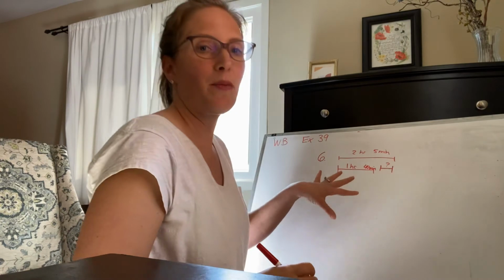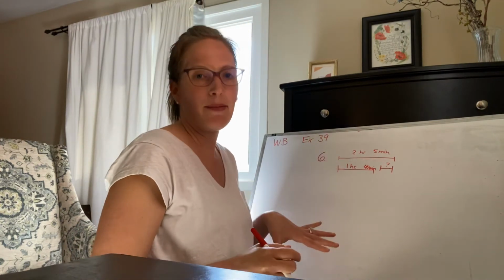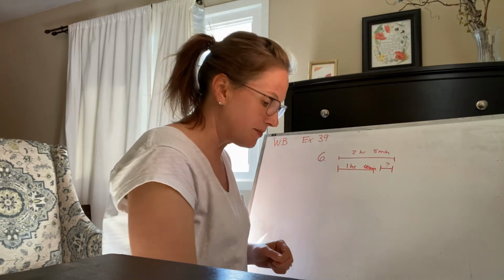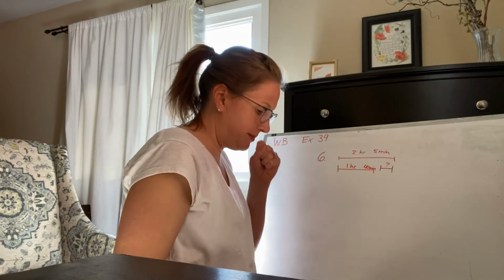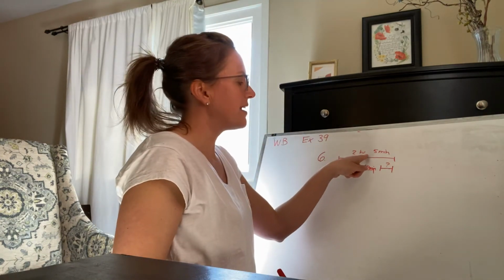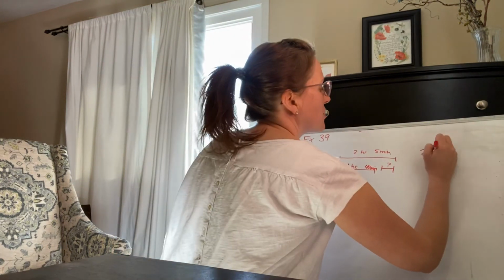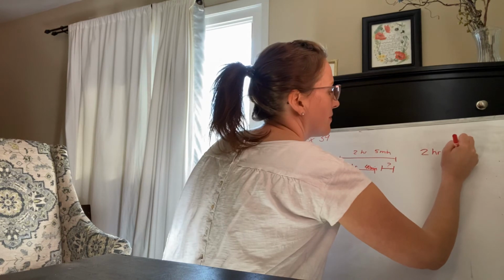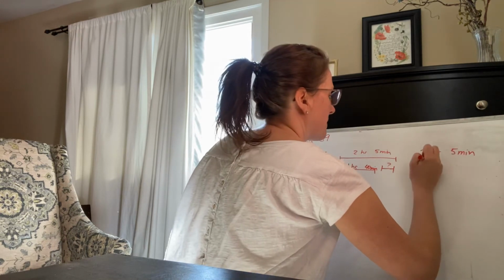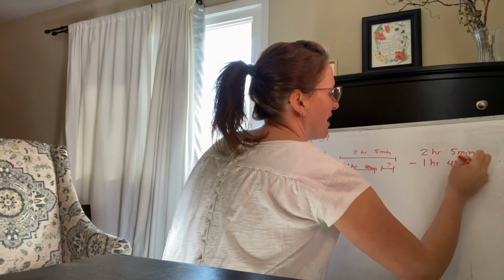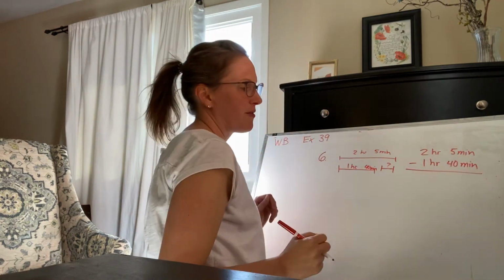Okay, we've done these with bars, but now I'm using them with the time plots that we've been working on. So let's go ahead and convert this, because we know if we were to do this, watch. I can't do that, can I? I can't take 40 from 5.